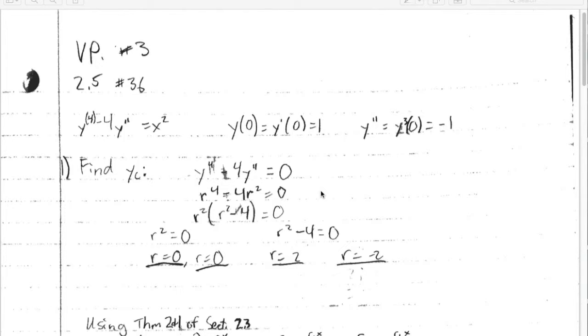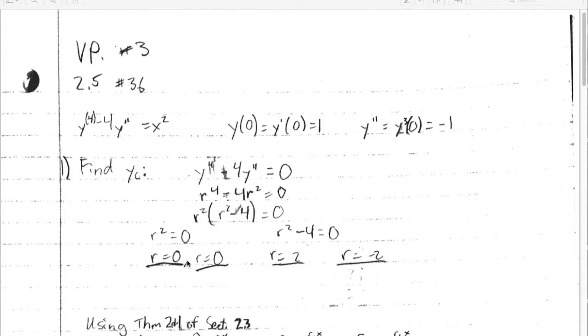So substitute the y's with r's, and then if we factor that, we'll get r squared times r squared minus 4 equals 0. And then you'll see that either r squared has to equal 0 or r squared minus 4 is equal to 0.